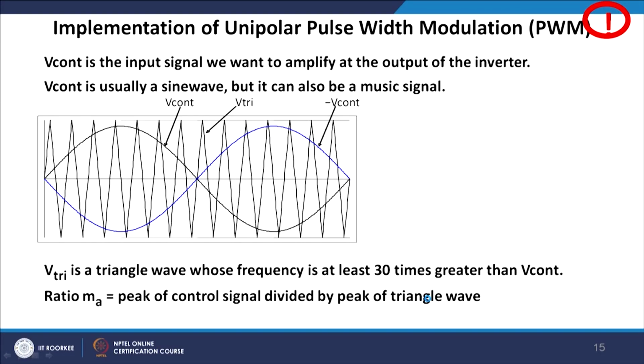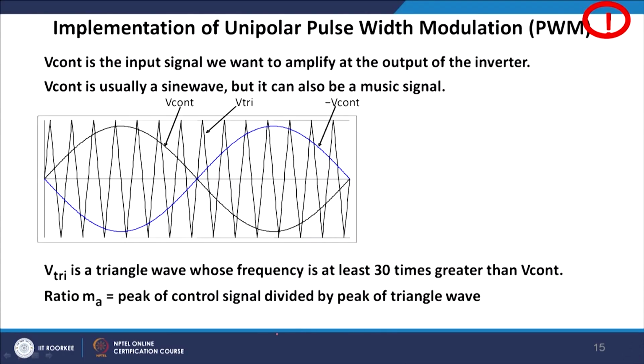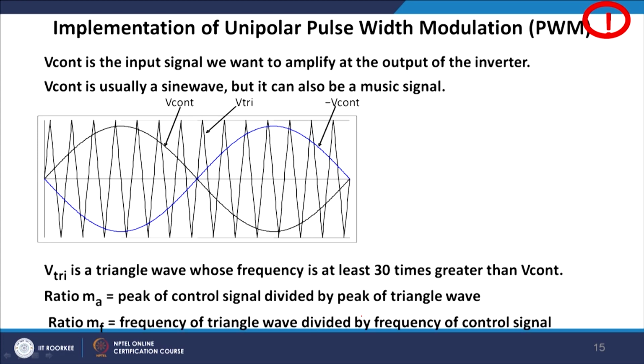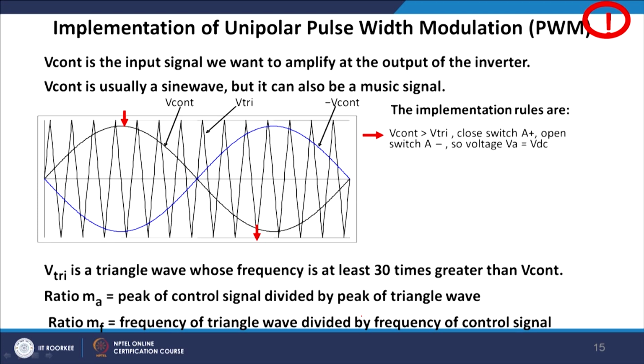Generally the IEEE standard says that you should have 48 cuts in a cycle, that means the frequency should be around 24 times more. So, as discussed previously, MA is the ratio of the peak control signal to the peak of the triangle wave. Here the implementation rules are the same.